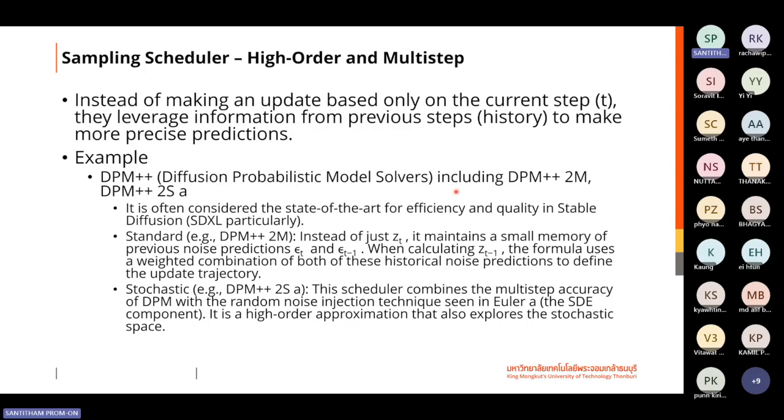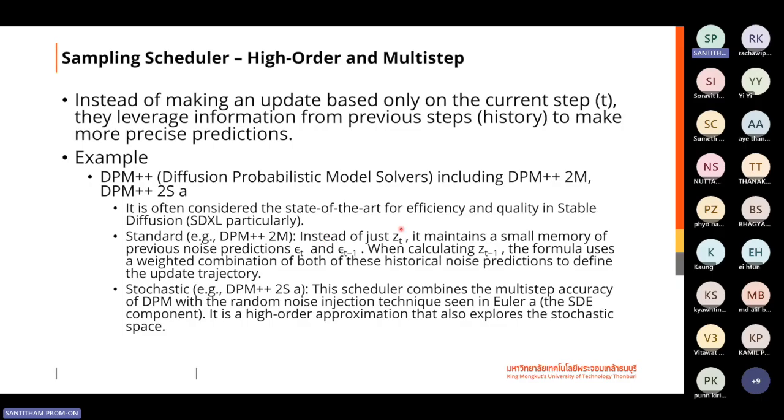And some other multi-step updates are often used in more sophisticated sampling, like DPM++. This is like DPM++ 2M, DPM++ 2S. This is right now considered the SOTA, state of the art in stable diffusion, used in SDXL. So the main concept, let's just look at it here.